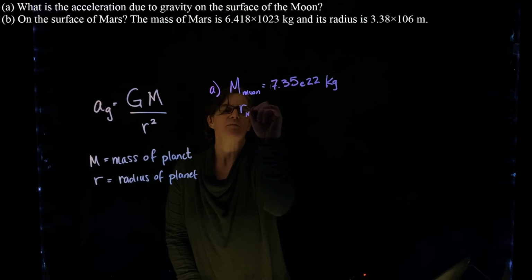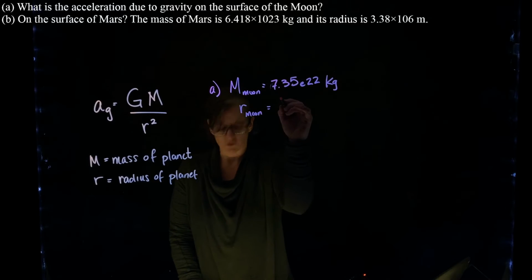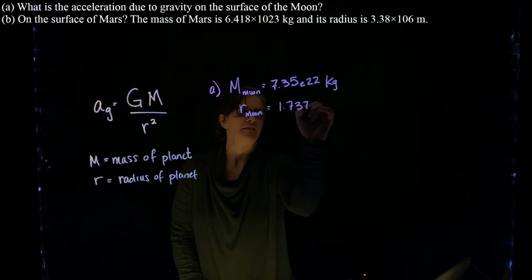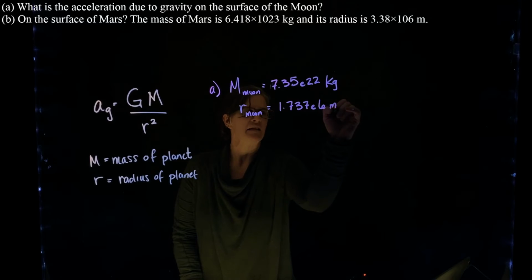And the radius of the moon is equal to 1.737 times 10 to the 6th meters.